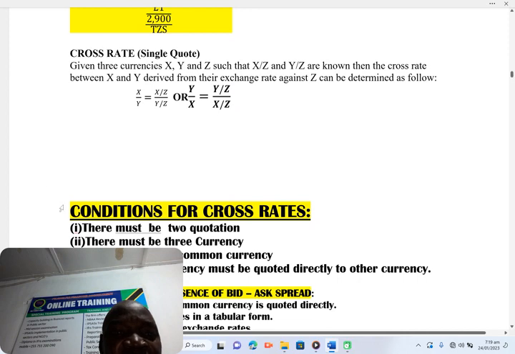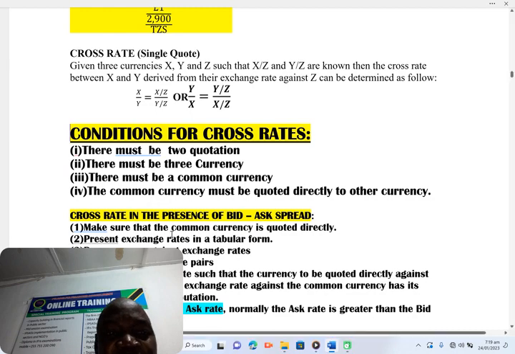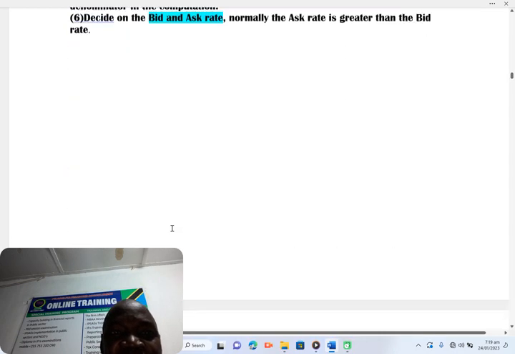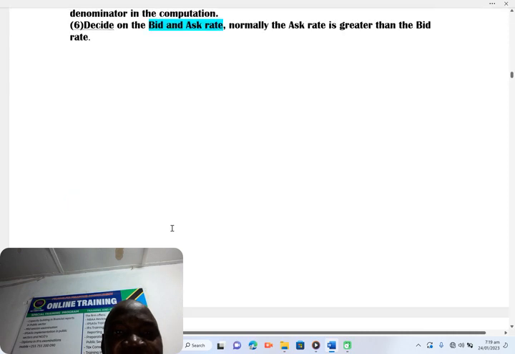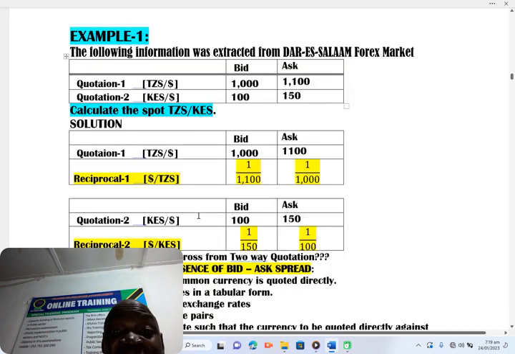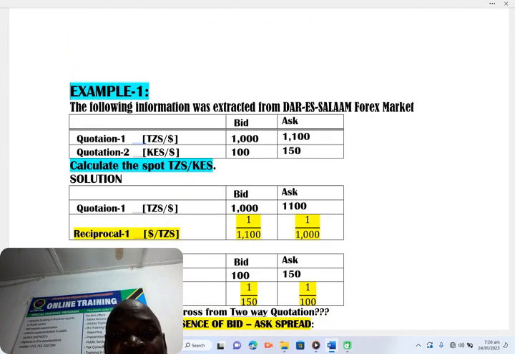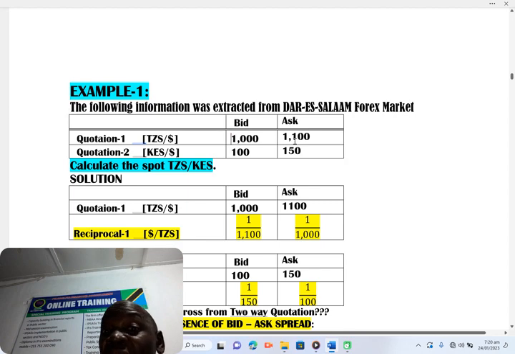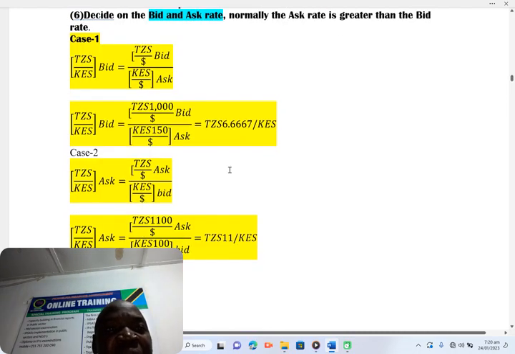The condition for two-way quotation. I want to make it as what is prevailing in examination. So when there are two-way, for example, there is bid and ask price. Do you get me? How do we compute the cross rate?